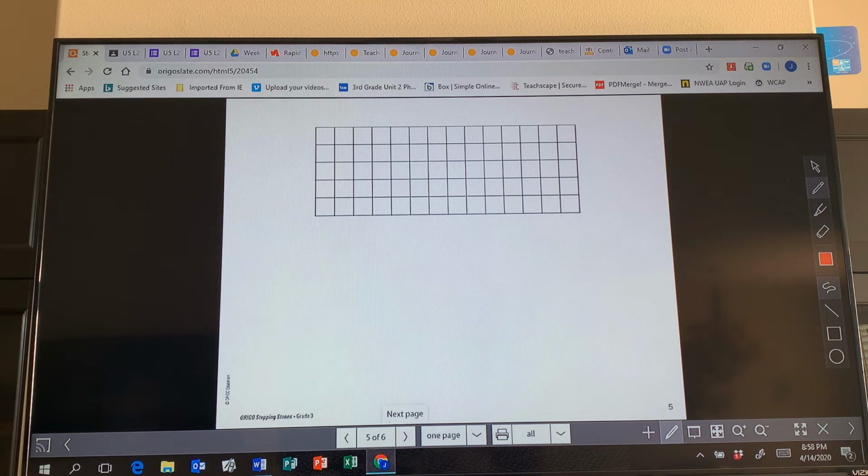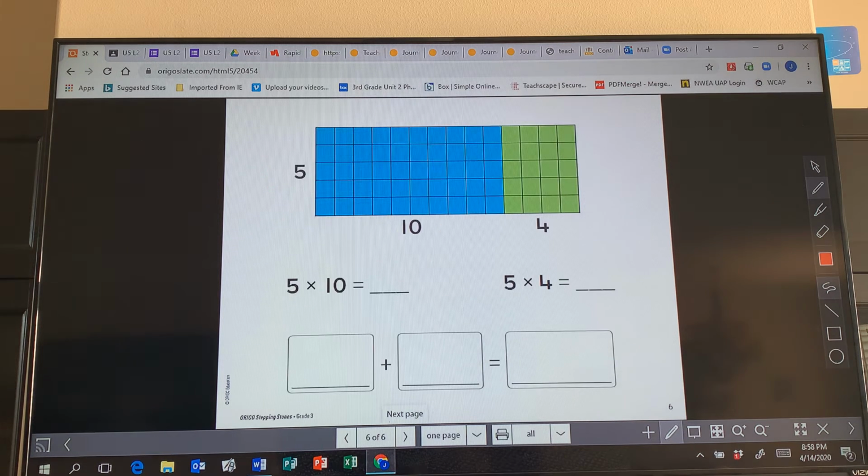Again, how many do we have? 1, 2, 3, 4, 5 on this side, and 1, 2, 3, 4, 5, 6, 7, 8, 9, 10, 11, 12, 13, 14. 14 in each row, right? 5 rows of 14. Okay? Now, look at how we can break that down. I can make it into 2 equations of 5 times 10 and 5 times 4.